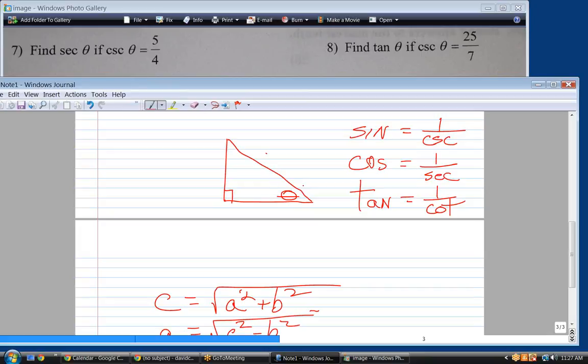But let's translate everything into sines and stuff instead of working with cosecants. So if the cosecant of theta is 5 over 4, what is the sine of theta? 4 over 5. So now dimension this triangle for me. So the opposite is 4, and the hypotenuse is 5. And this side here is A. And what is it? In other words, our next step here is to put a dimension on that.